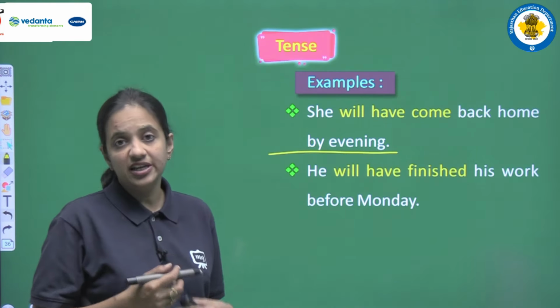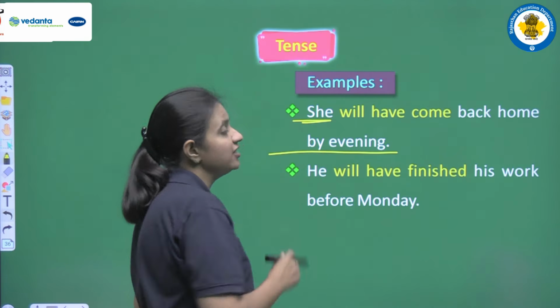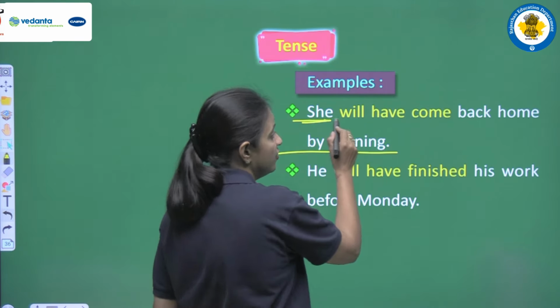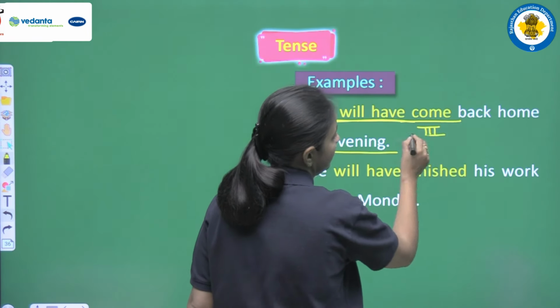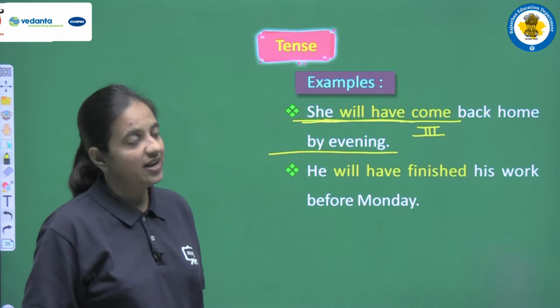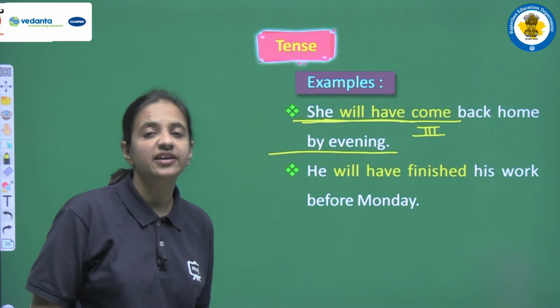We are talking about the coming evening, and we have she as a subject. So for she we have to use will have as a helping verb, and we have the third form of the main verb, that is come. So we have the sentence: she will have come back home by evening.